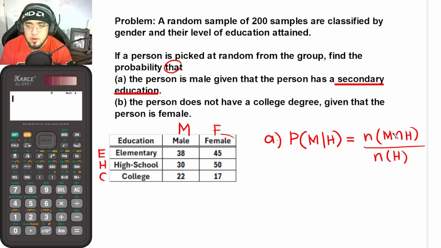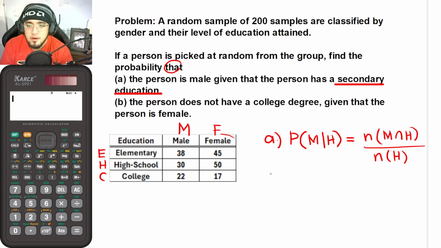So in this equation, we would just be writing down the male high school graduates and just divide them by the total number of high school graduates. So once again, we would just be dividing the male high school graduates by the total high school graduates, or simply this one here.